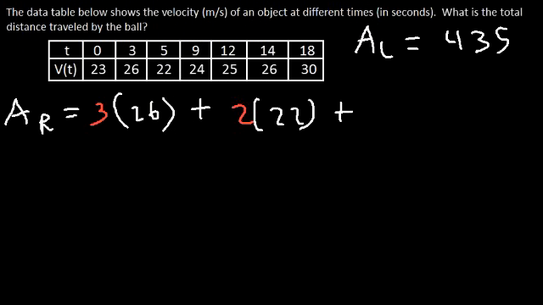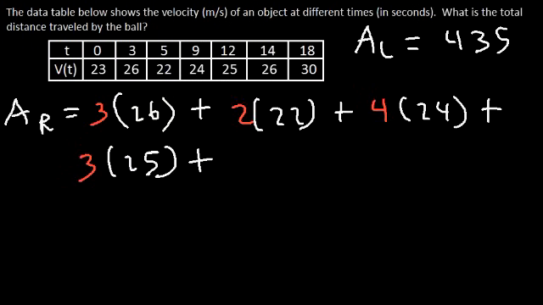And for the third part, it's going to be 4, and we're going to use 24. After that, between 9 and 12, it's 3, and we're going to use 25. And then between 12 and 14, it's 2, and we're going to use 26. And for the last part, between 14 and 18, it's 4 times 30.